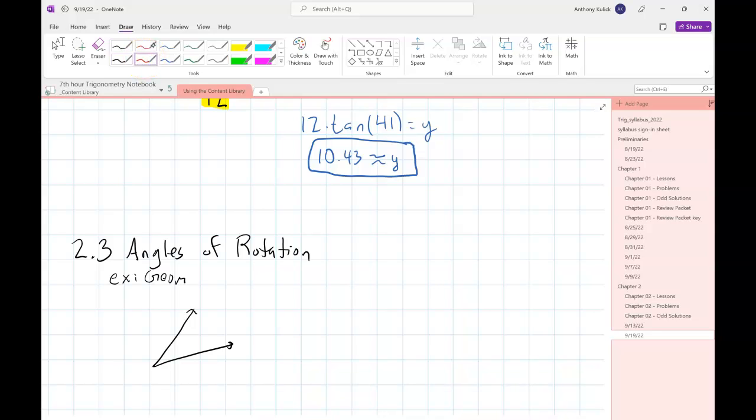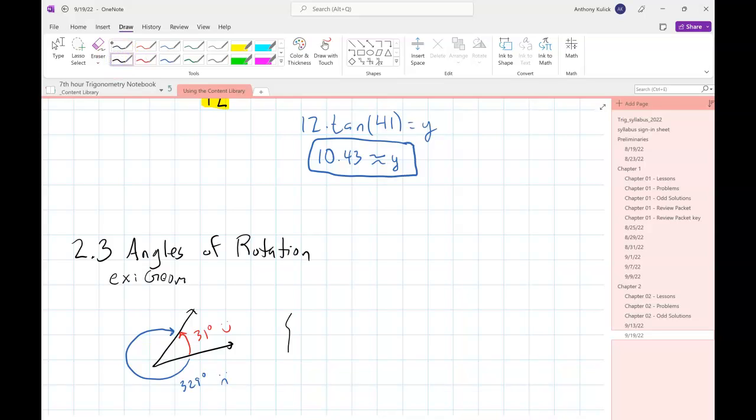We said there's only one way to decide how big this angle is, right? We said that we're always going to look at angles like this. Everybody agree? And we weren't ever going to consider angles that looked like this. Everybody, does that all look familiar from geometry?